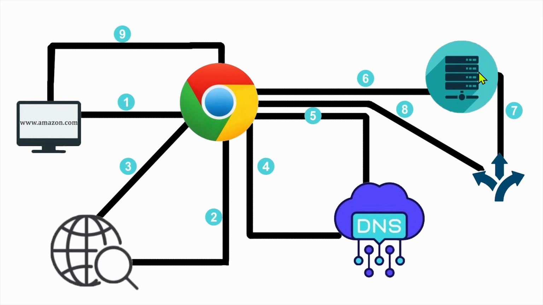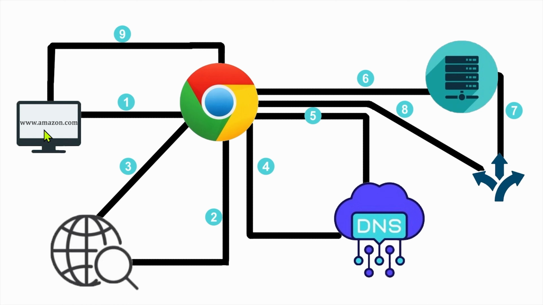As the user sends a request for Amazon.com, the server now decides which page has to be sent, because on Amazon.com we may have a payment page or the shopping page, and there are so many pages. So after getting the clarity, the server sends the accurate page to the browser. Now the browser sends it to the right user with the help of the IP address.